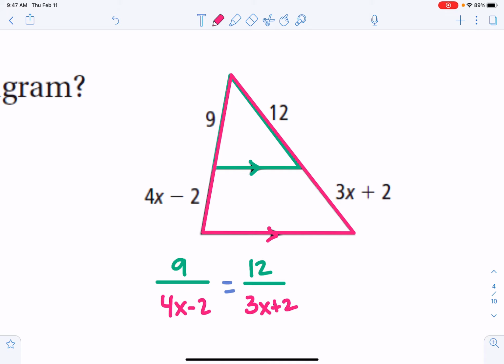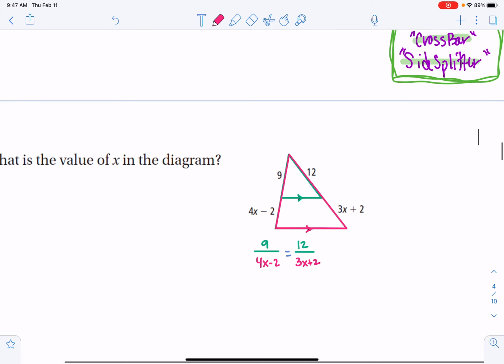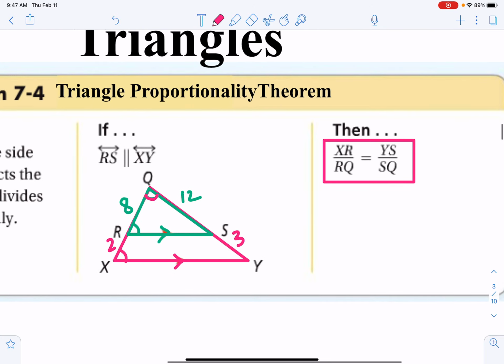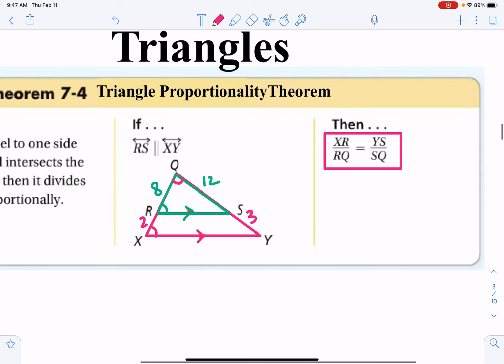If you'll notice, the whole line of the pink triangle is 12 plus 3x plus 2. You can do that, but here it just says you just need the top divided by the bottom or the bottom divided by the top. So you don't have to do the whole entire pink length, just the bottom part and then the green length.